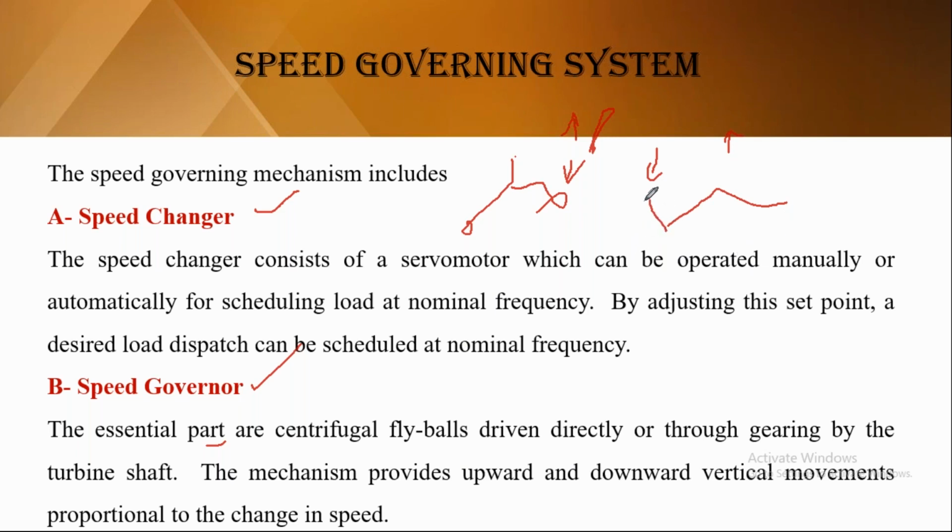At one end we are using the speed changer, here the speed governor, here the hydraulic amplifier, and this is the valve. If you want to make this entire mechanism movable, it happens by this flyball wheel. Based on the flyball wheel, the mechanism moves upward and downward based on our requirement.